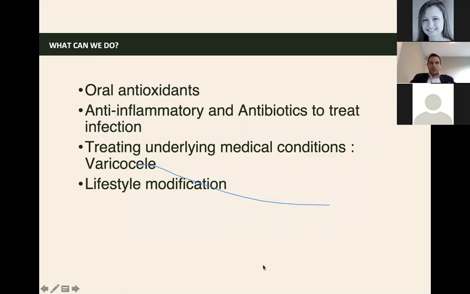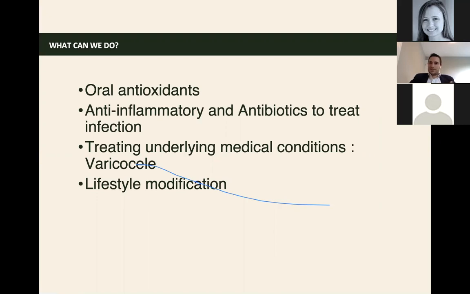So what can we do now? If we have a high DNA fragmentation index, let's say more than 30%, what can we do? Can we do anything at all? It's also a gray area, like everything in male fertility. We can use oral antioxidants. Oral antioxidants have been the subject of a big debate in the field.